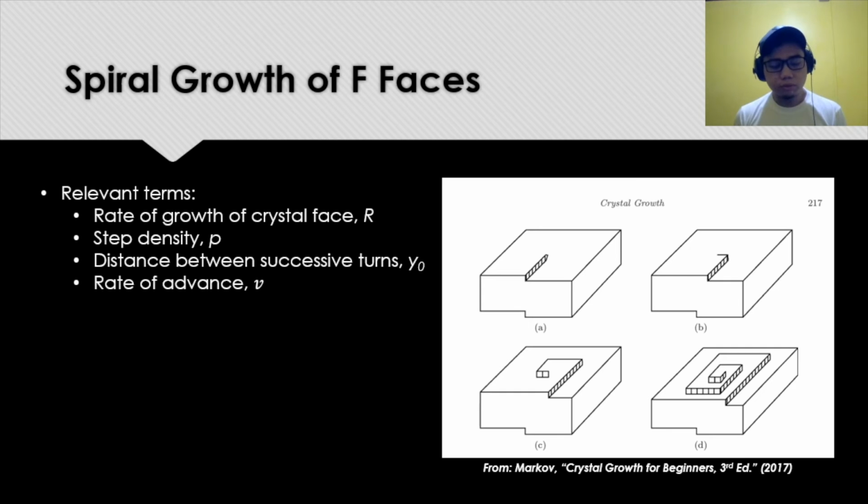Before we proceed, some relevant terms for the spiral growth of F faces: the rate of growth of the crystal face itself, denoted by R; the step density, denoted by P; the distance between successive turns, denoted by Y naught; and the rate of advance, denoted by V.